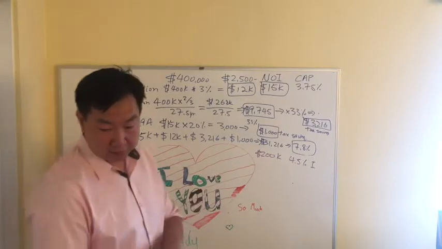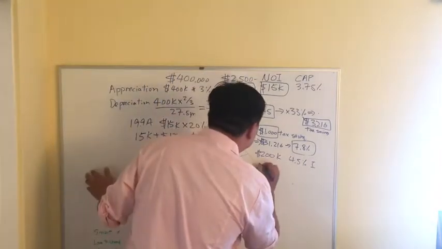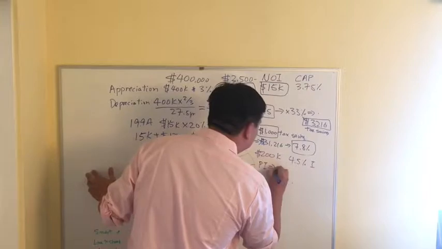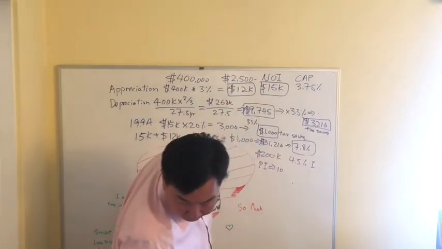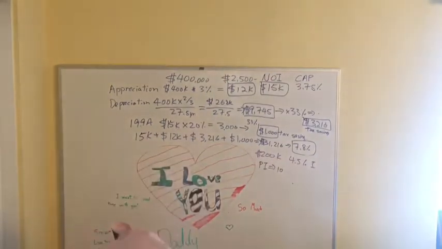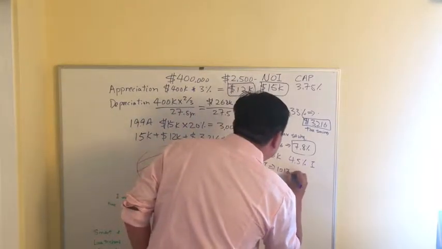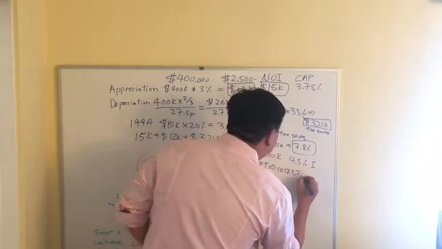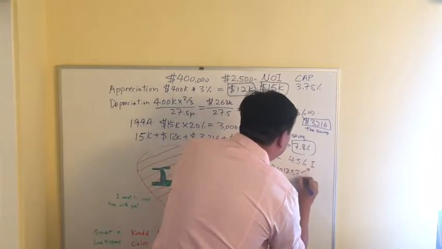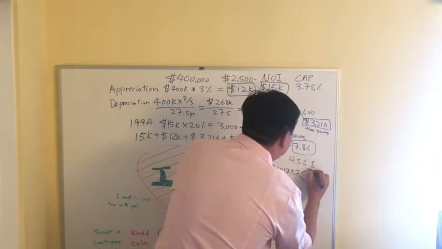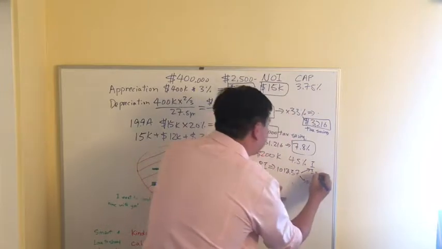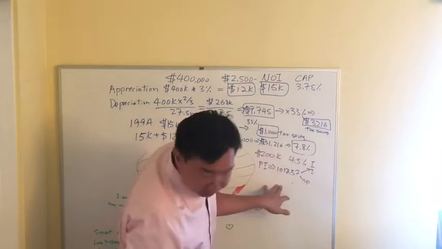I've already done the math. Let's do principal and interest: $1,013.37, and let's separate it into interest and principal. The interest is $750, I believe.